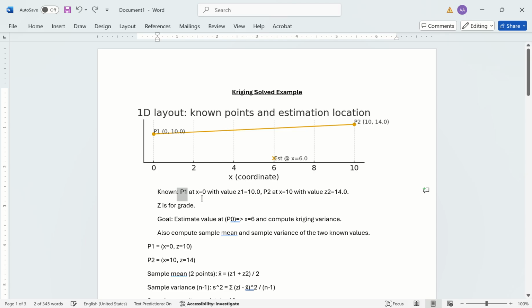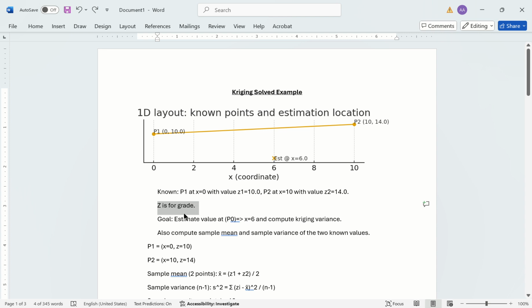So P1 at x0 with value z1, or grade, of 10, is the quantity in which we are interested in order to find out the value for the unknown point. And then we have point 2 at x distance of 10 units, value of z is 14.